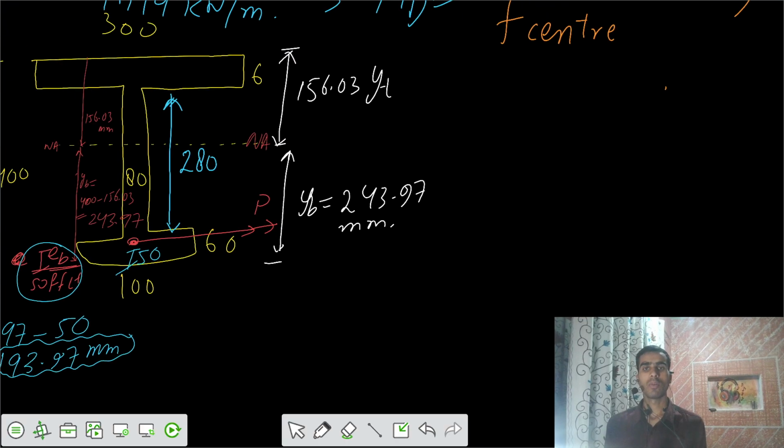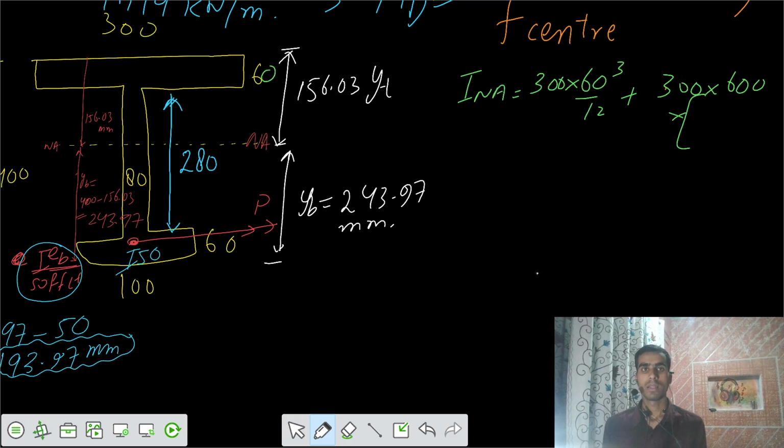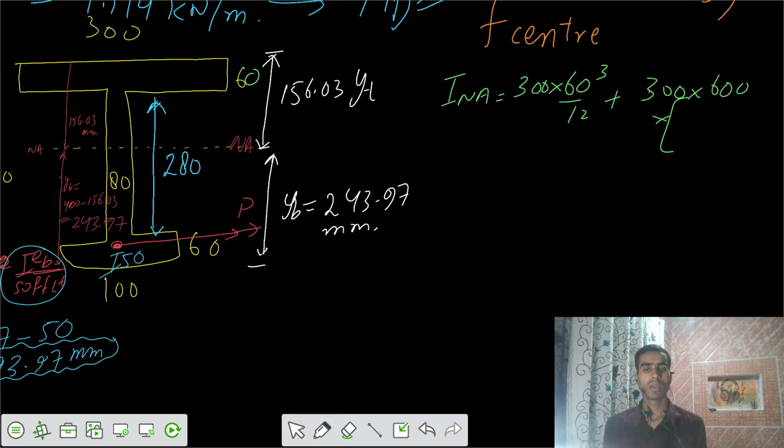Okay, let's go for the moment of inertia about the neutral axis. So I neutral axis is equal to BD cube by 12 plus the area into D square. The D would be, let's say the centroid of this part would be at 30, so 156.03 minus 30 whole square.